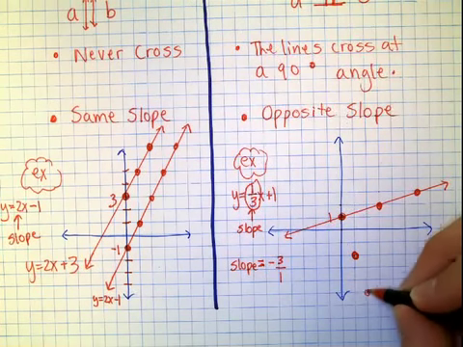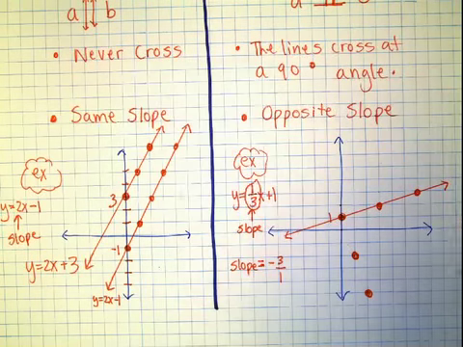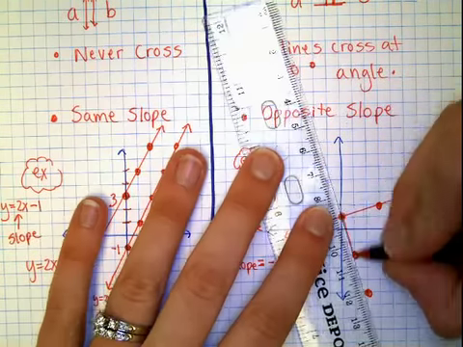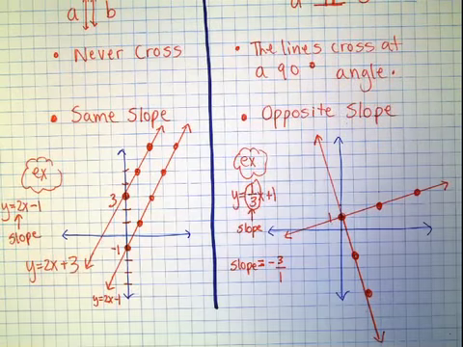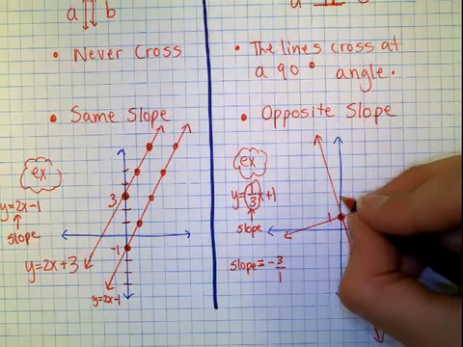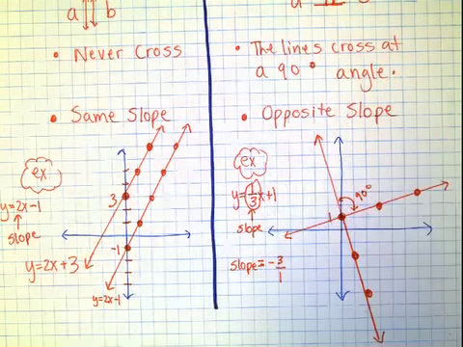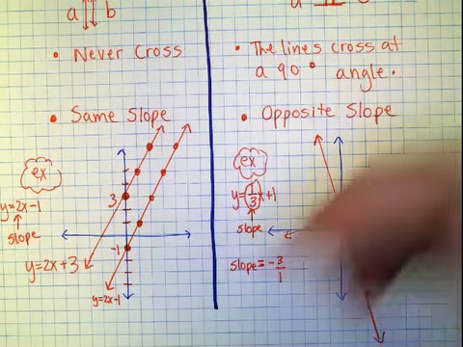And I'm going to take these points and connect them with a line. And there is my perpendicular line. Right here makes a perfect 90-degree angle if I measured it. So it crosses right through each other.